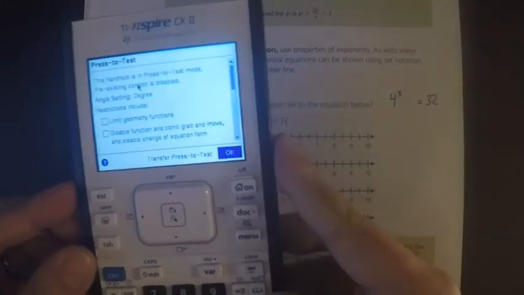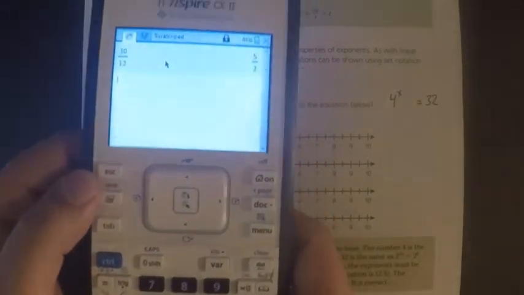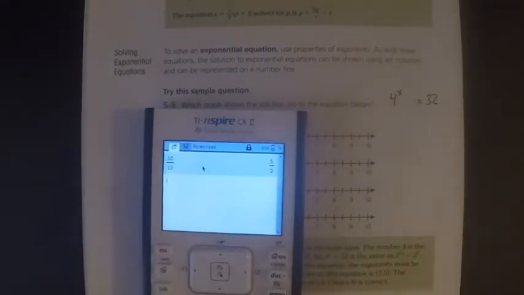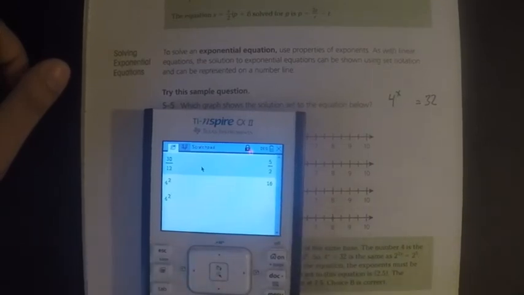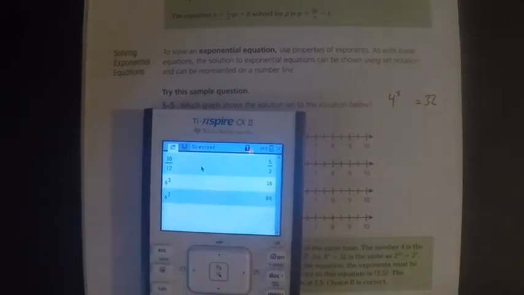So I take out my calculator and type that in. 4 to the second power is 16, so that's not 32. Let's try 4 to the third power, which is 64.